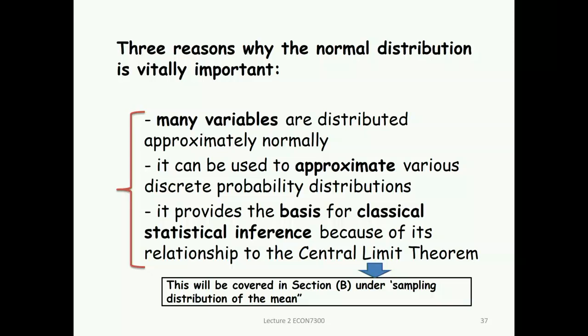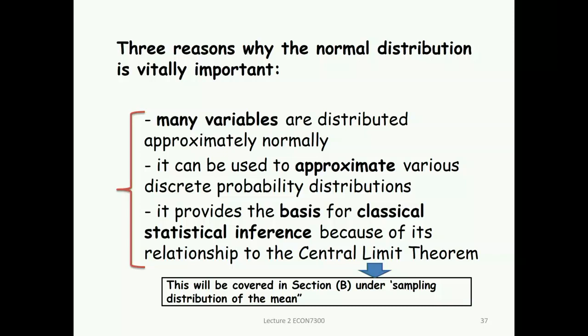The height of a person: very few people are very tall, very few people are very short, the majority are in the middle. Very few people are underweight, very few people are overweight, the majority are somewhere in the middle. So a lot of things are normally distributed. So that is the one thing.